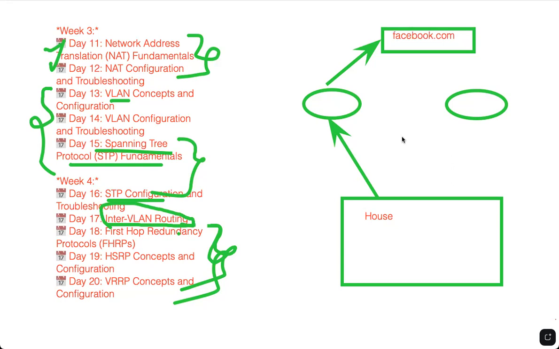So what is the general connection in my house? In my general connection at home, I will have a PC connected to a router in the house with Wi-Fi. That will point to the outside and then go out to facebook.com, right? But what if my router inside the house dies?